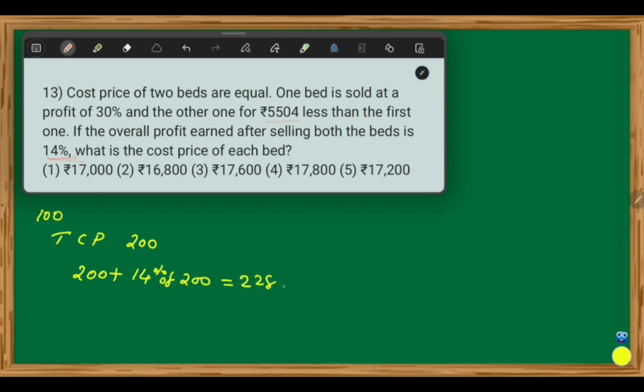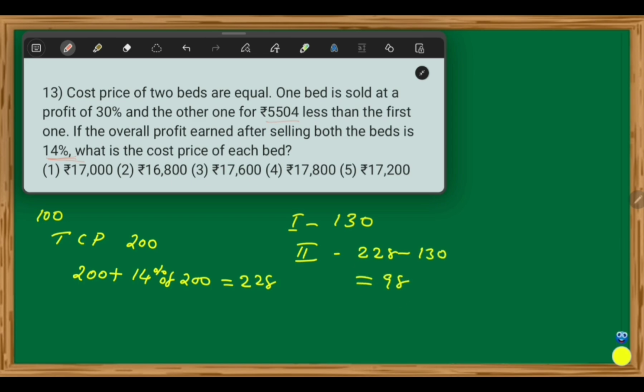The first bed is sold at a 30% profit, therefore its selling price is 130. The first bed selling price is 130 and the second bed selling price is 228 minus 130, that's equal to 98.